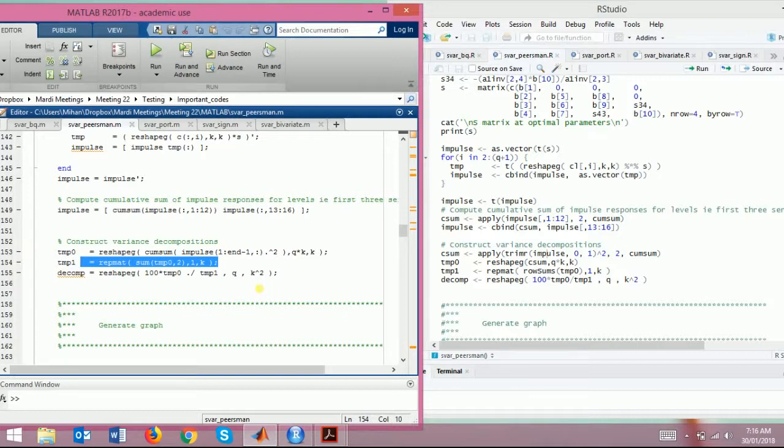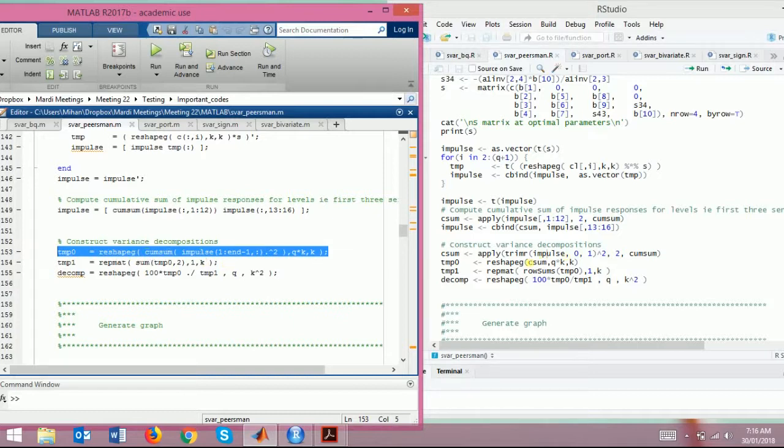Obviously that will be K square columns because N square, that's why N square columns. Q rows, structure is fine, so decomposition is K square columns based on impulse response, right?